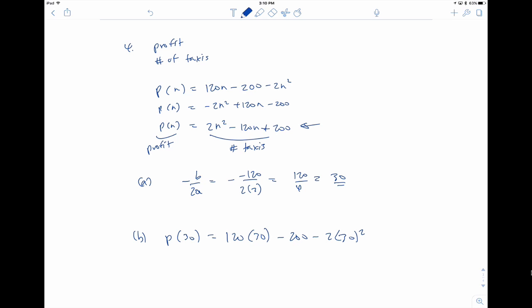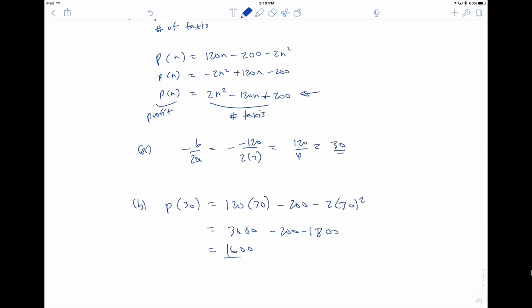So what do we got? 36 two zeros minus 200 minus 90 times 1800. So 1600. And we didn't do any of the C's. I better do a C question.